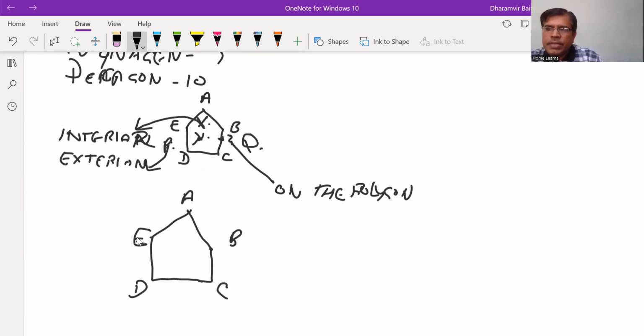What are the vertices? Here the points A, B, C, D, and E are the vertices of the polygon.